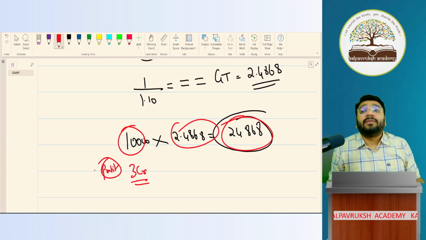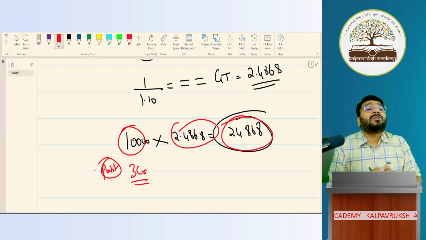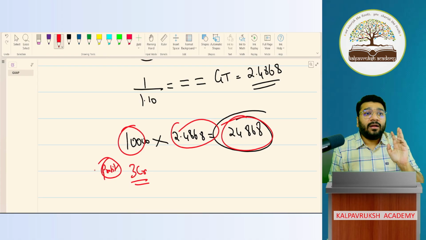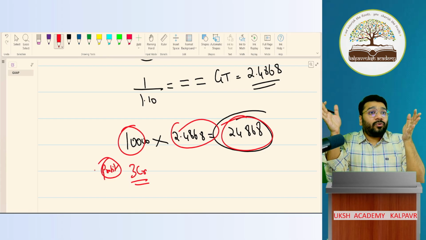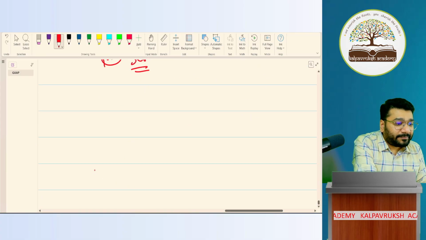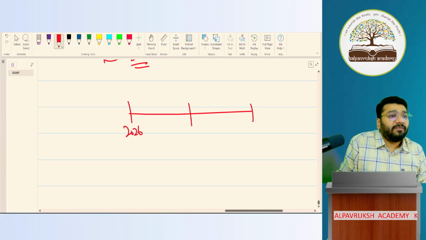Every year I'll make 3 crore, 3 crore, 3 crore. In 3 years, what is the total value? 9 crore. But is the value 9 crore now itself? No. So I'll discount that. Basically, in 2026, we are doing the discounting.